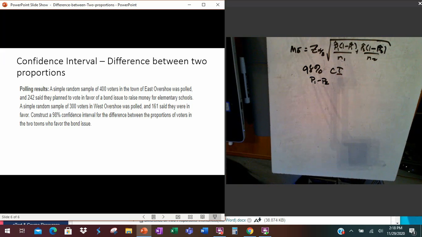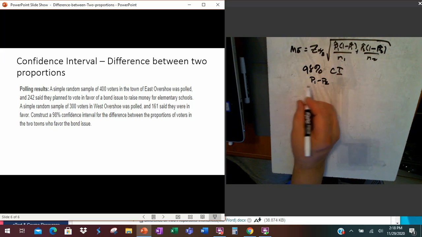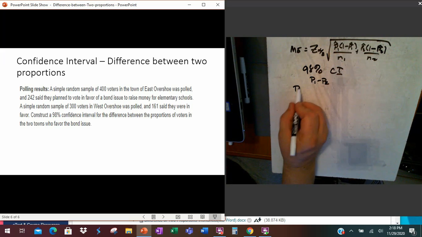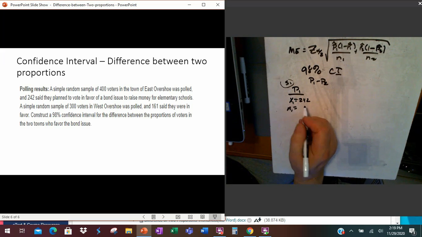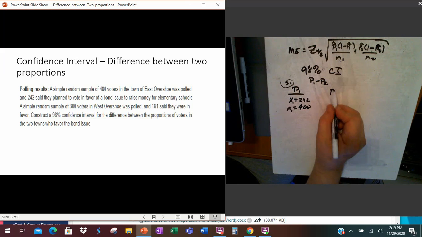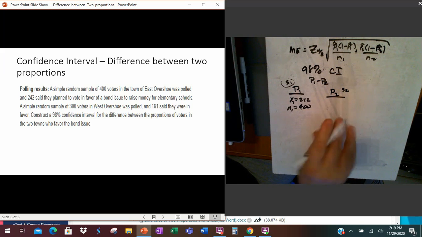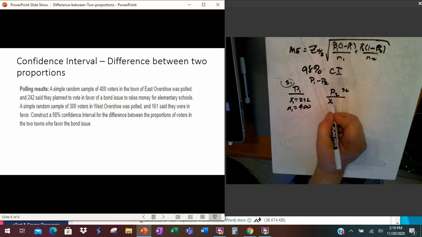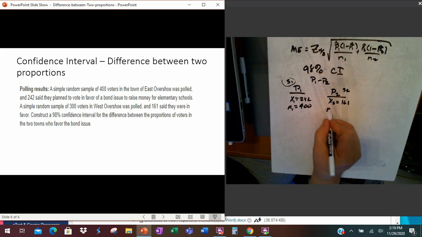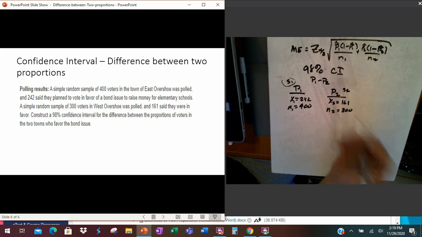Our P1 is always the first one that's being described. So here's our sample based on P1, where X1 was 242 out of N1 of 400. Then our sample 2 from P2 gives us 161 out of the 300 voters polled there.